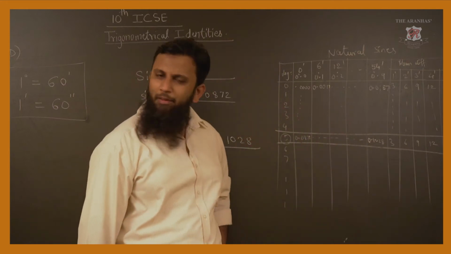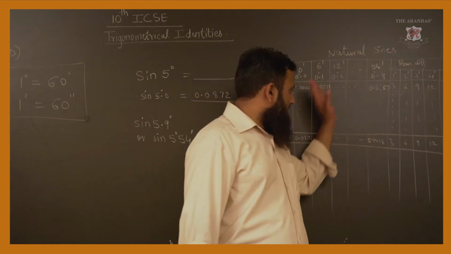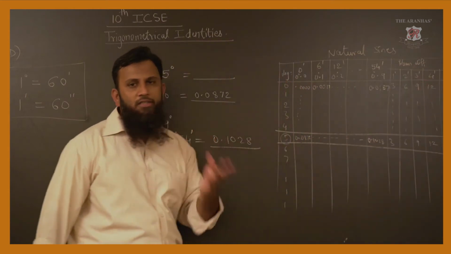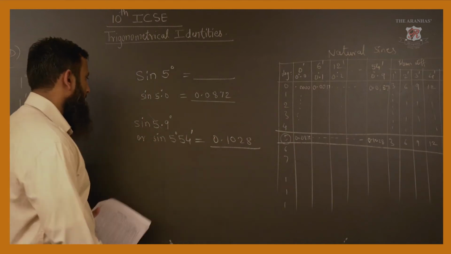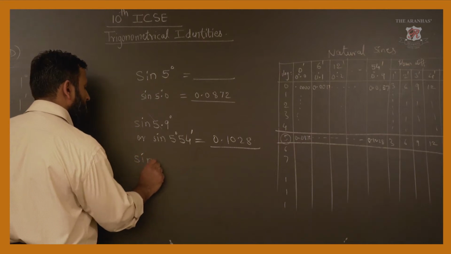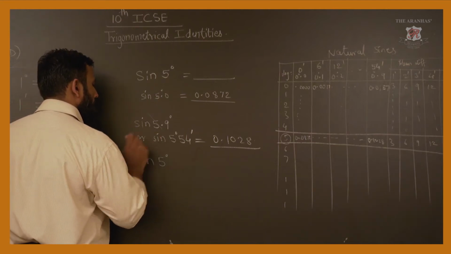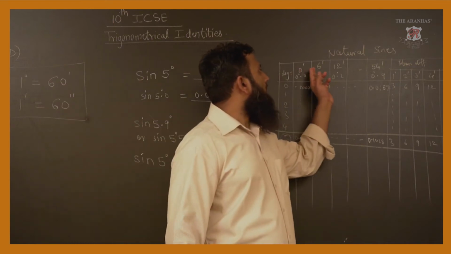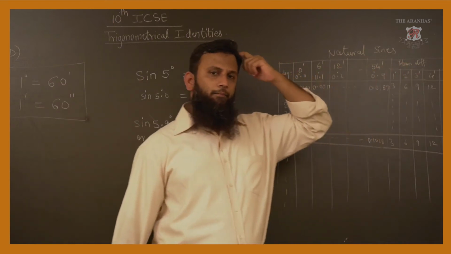Now some students may be thinking, if this is okay, what is this mean difference? What is to be done there? The answer is very simple. I will tell you that also. Suppose there is any minute which doesn't belong to the given minutes here in the table.